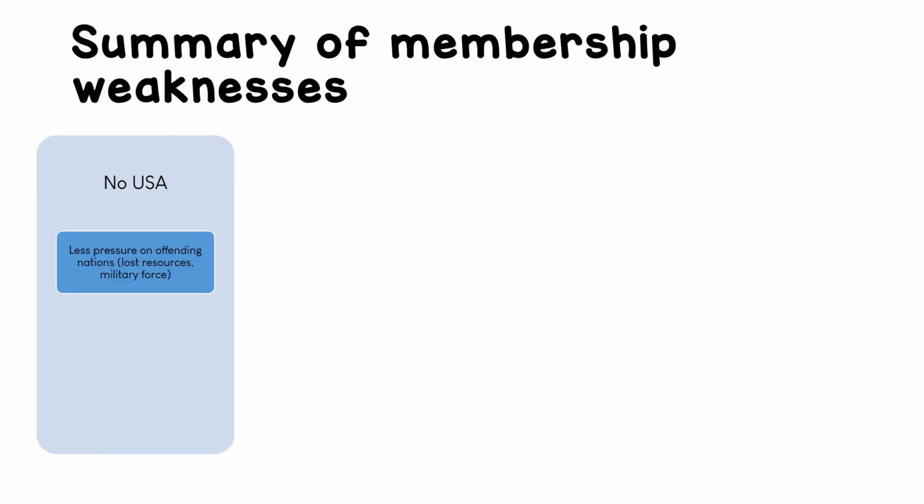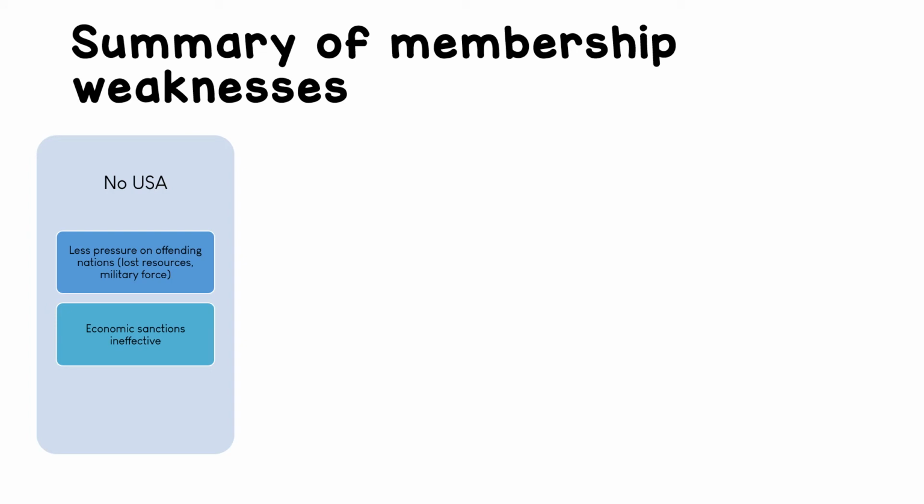First of all, without the United States, it meant that the League of Nations didn't have as much power against offending nations, because without the Americans, they lost resources. Of course, the US at that time was the wealthiest country in the world, and it also lost military power that could have pressured countries to avoid conflict, again with the idea of collective security.